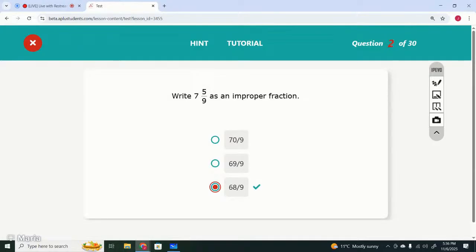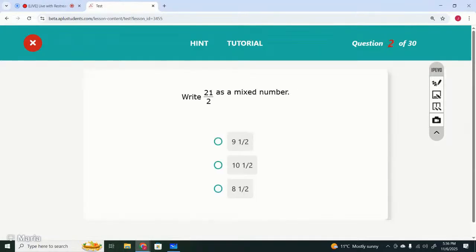Option number 3 is the correct option. You guys just have to add, 68 by 9 it is.